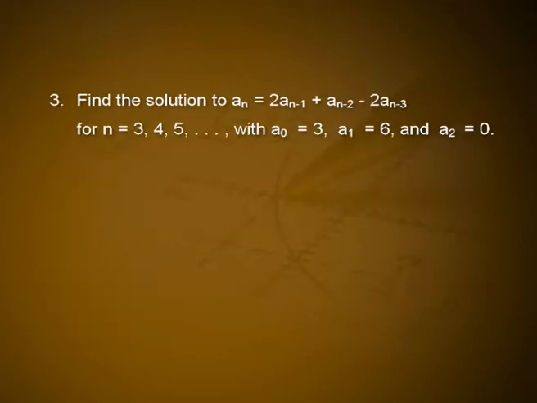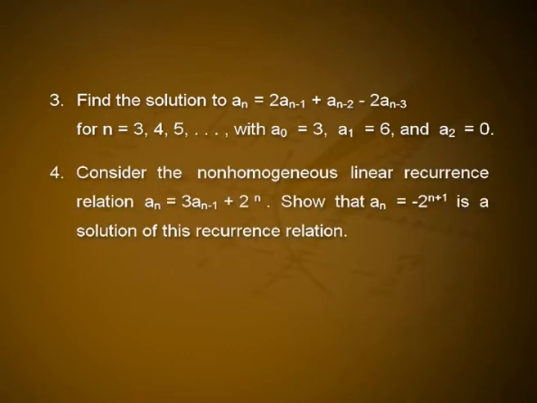3. Find the solution to an is equal to 2 into an minus 1 plus an minus 2 minus 2 into an minus 3 for n is equal to 3, 4, 5 etc., with a naught is equal to 3, a1 is equal to 6 and a2 is equal to 0. 4. Consider the non-homogeneous linear recurrence relation an is equal to 3 into an minus 1 plus 2 raised to n.